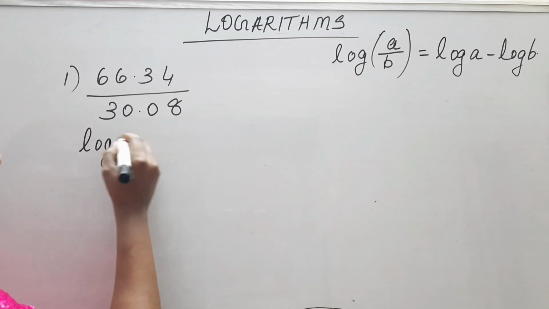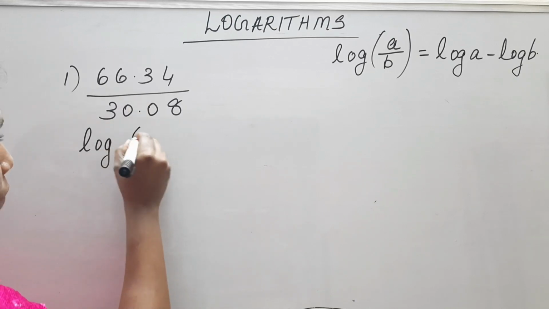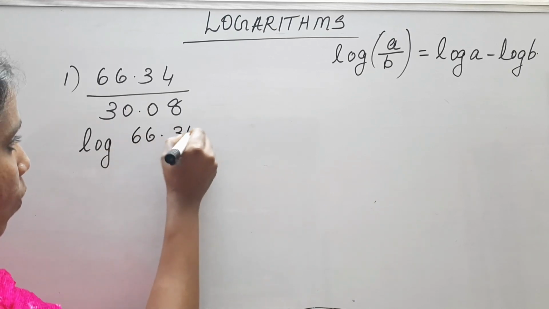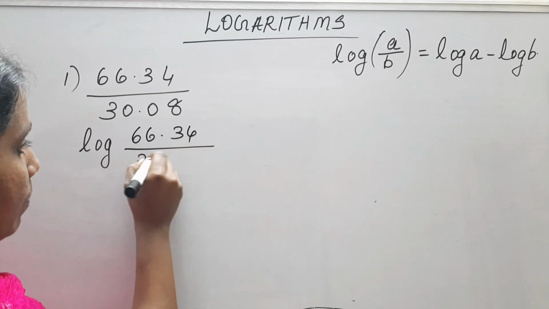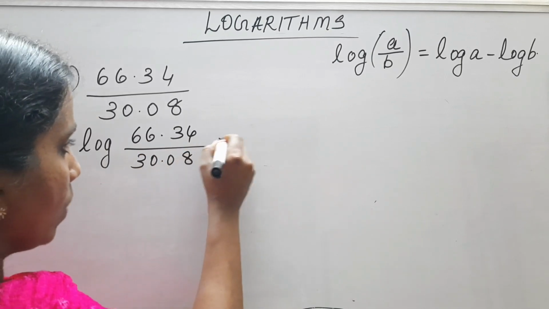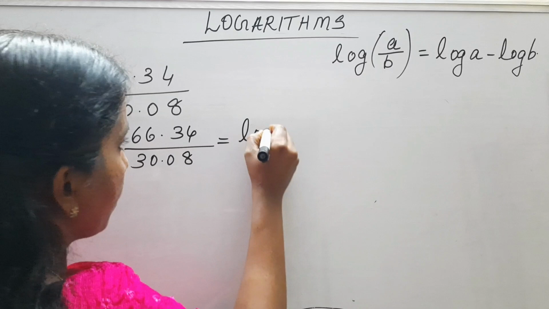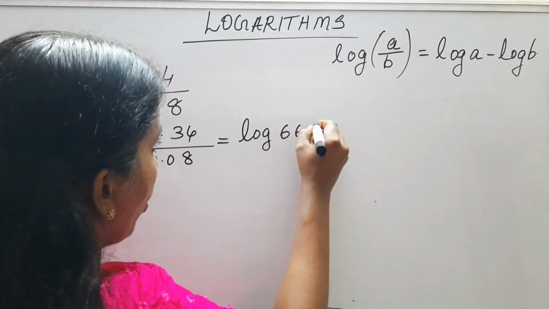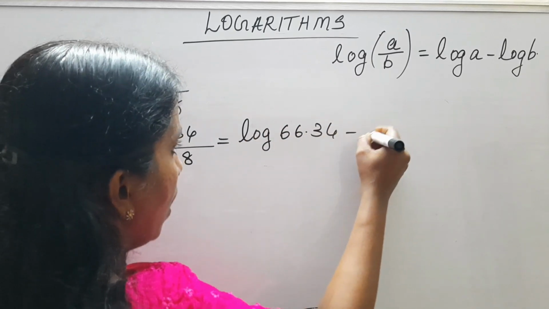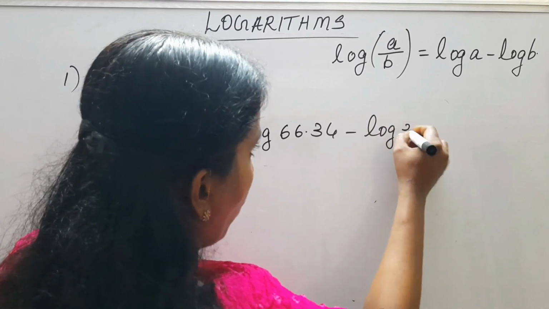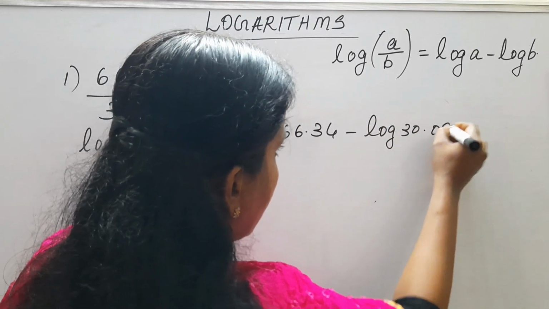So here you have log of 66.34 divided by 30.08 is equal to logarithm 66.34 minus log 30.08.